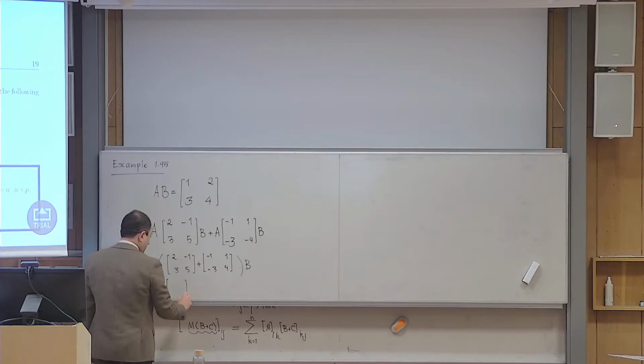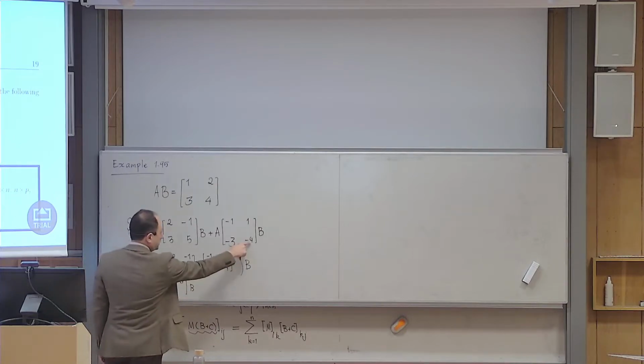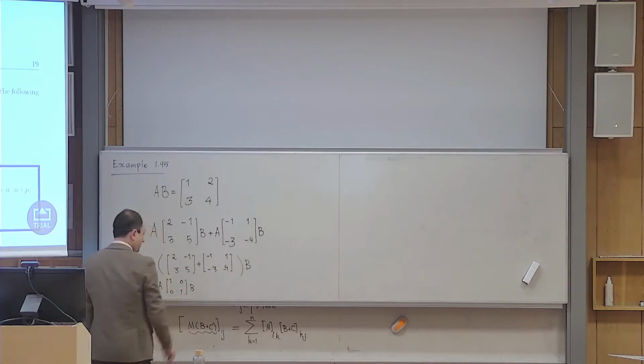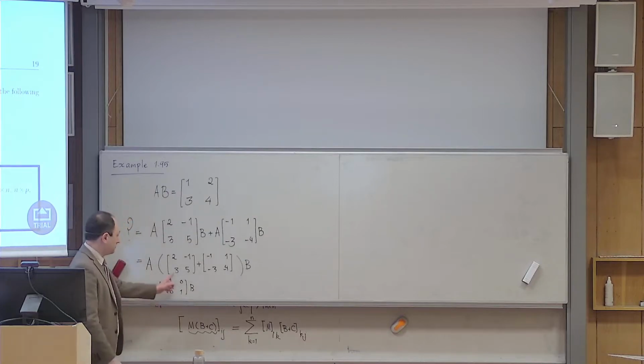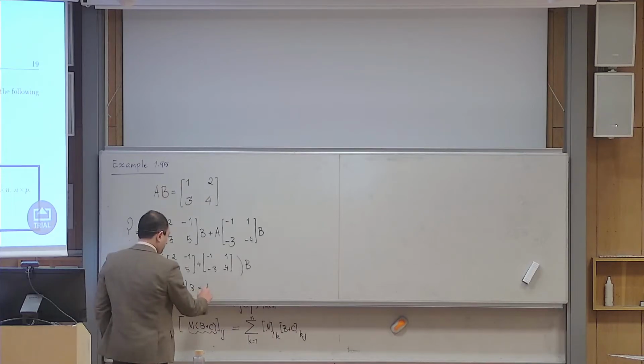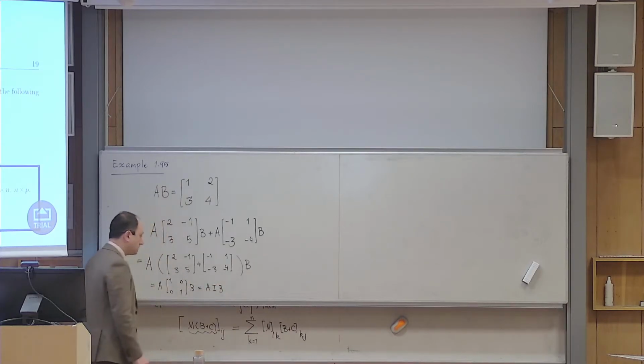What happens now? 2 added to minus 1 is 1, minus 1 added to 1 is 0, 3 minus 3 is 0, 5, oh, this is minus 4, sorry, I forgot to write minus. But what type of matrix is this? It is very famous in matrix theory. It is I. And what is the answer?